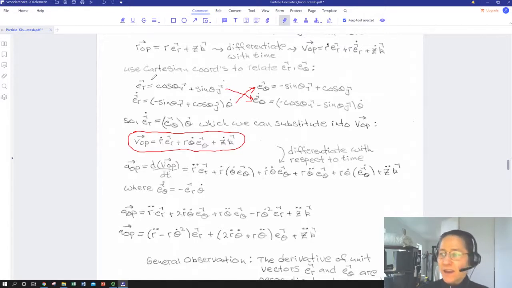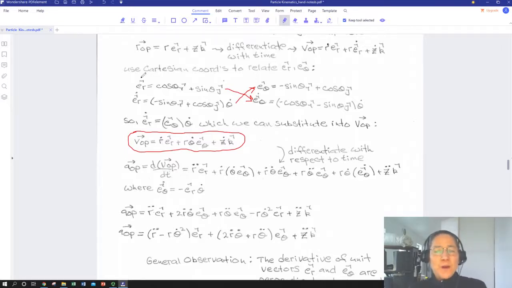It's the theta hat unit vector. If I'm saying, what's the direction of change of my theta vector? It's the r hat unit vector. They just swap. Except in each case you multiply by your d theta dt scalar, and then in one case you have a negative sign.